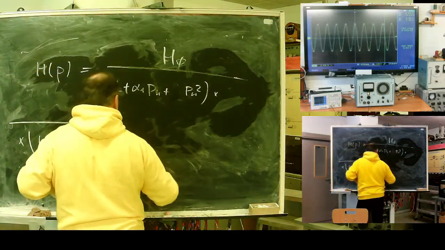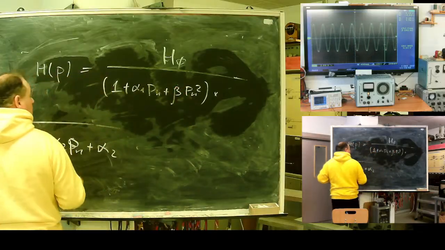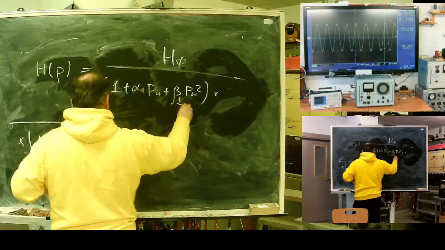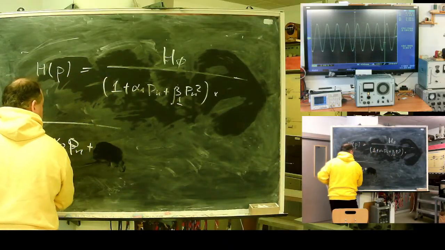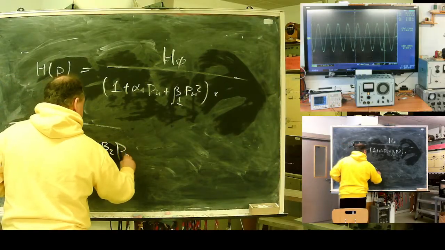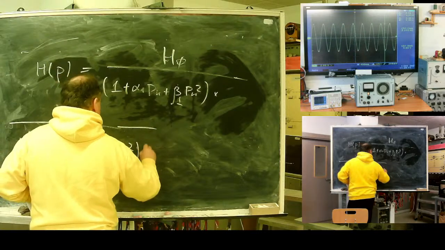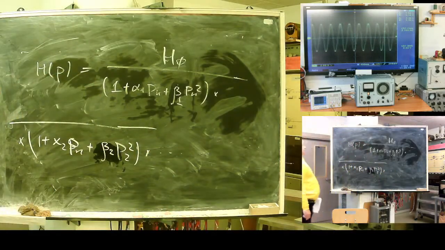If I use alpha, here should be beta. Alpha 1, beta 1, and this one will be beta 2 Pn square, multiplied by blah blah blah square.